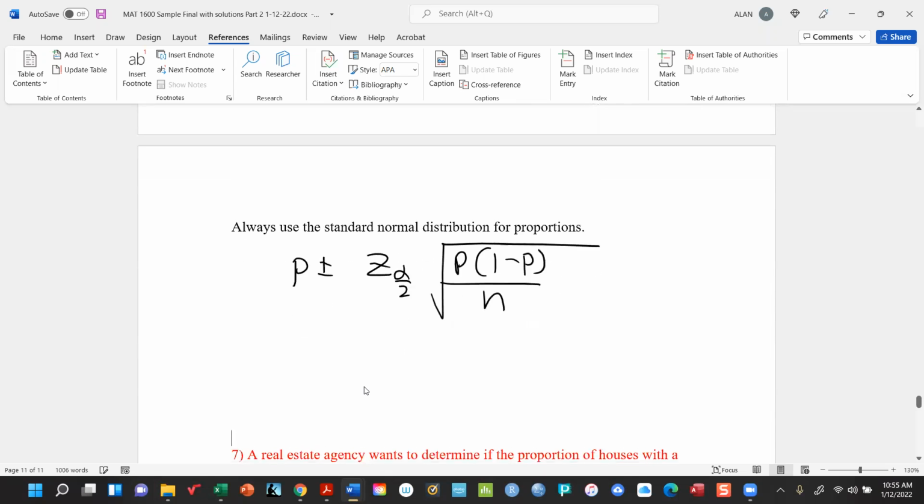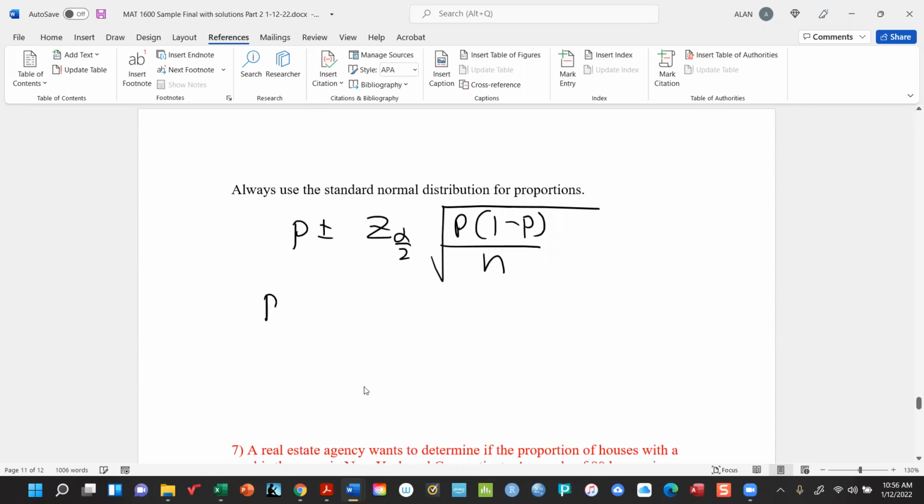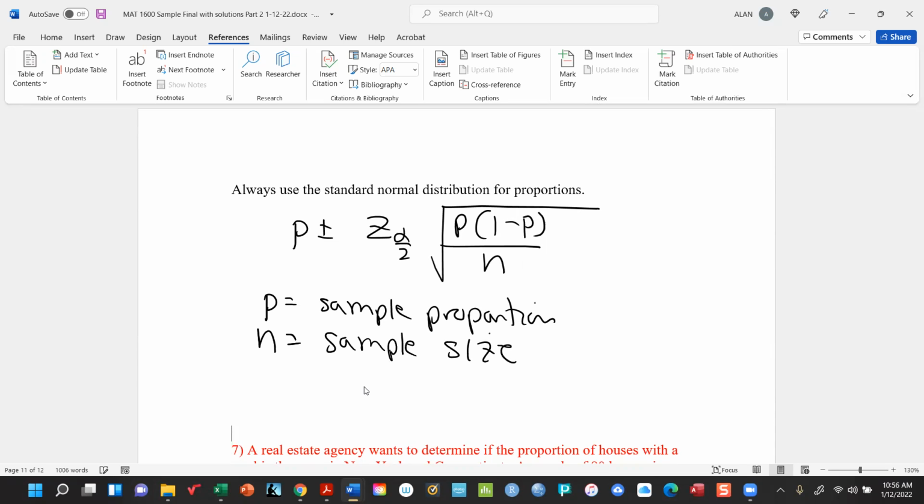So P, of course, is the sample proportion. And N is the sample size, as it always is. And then, of course, Z is the Z-score.